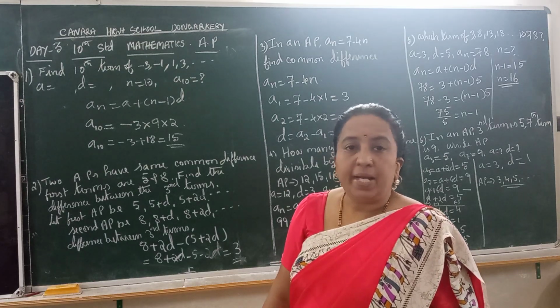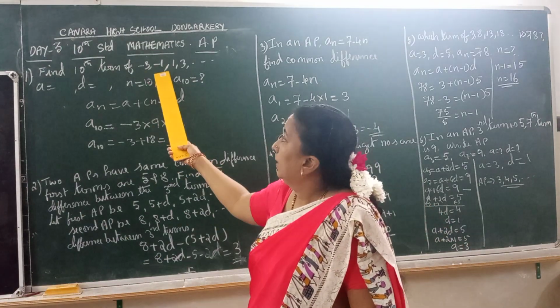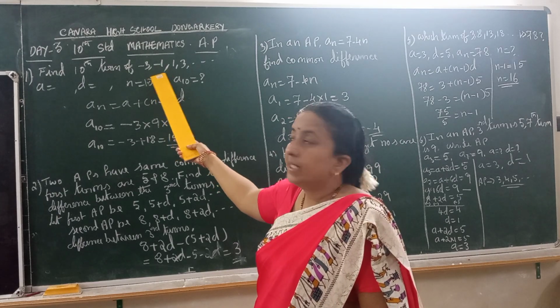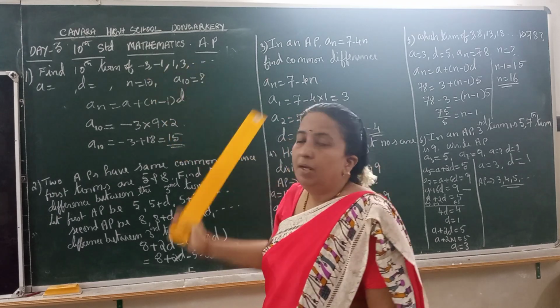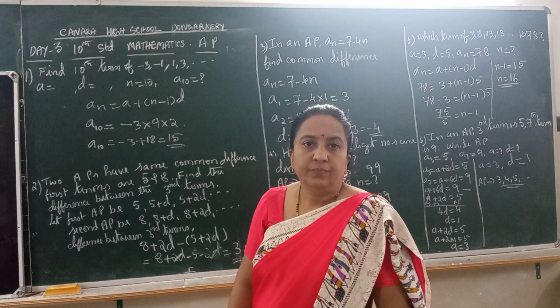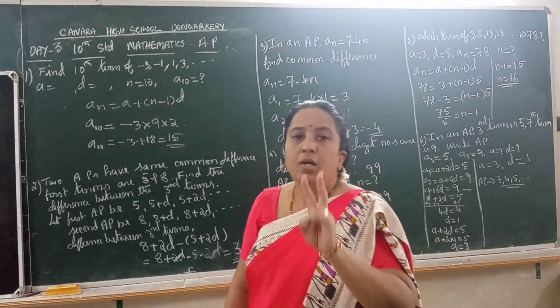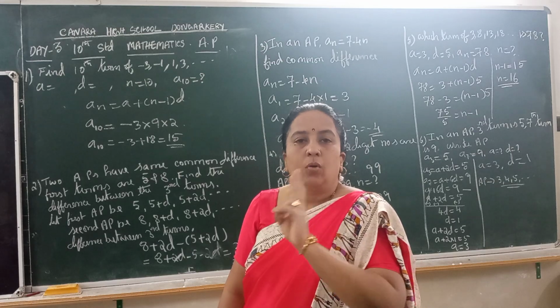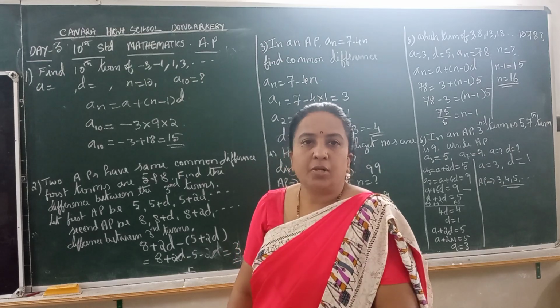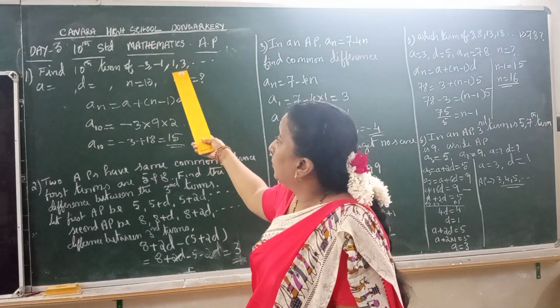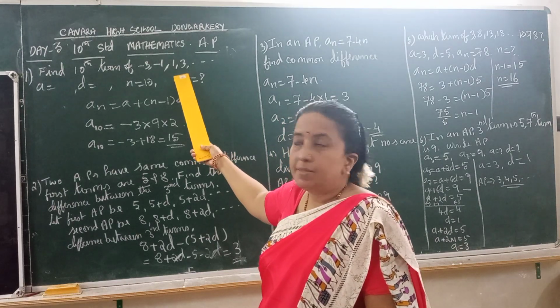It is an AP with negative integers as well as positive integers. If you find it difficult to find the difference between two negative terms, go for two positive terms only. The last two terms are positive terms.